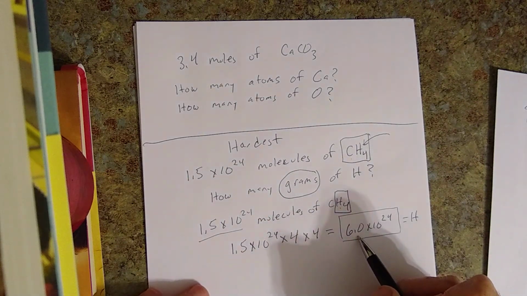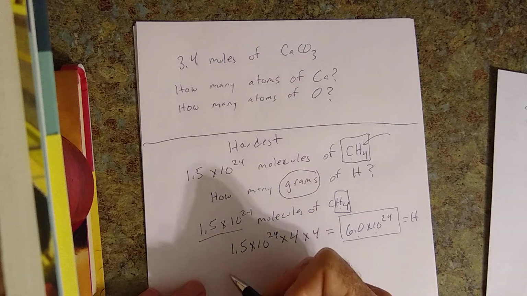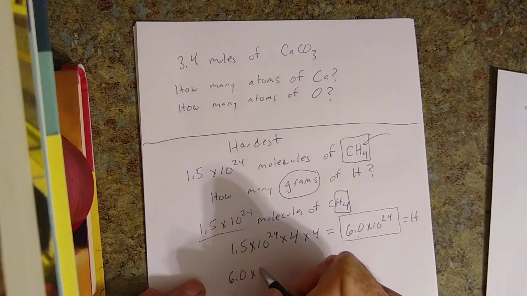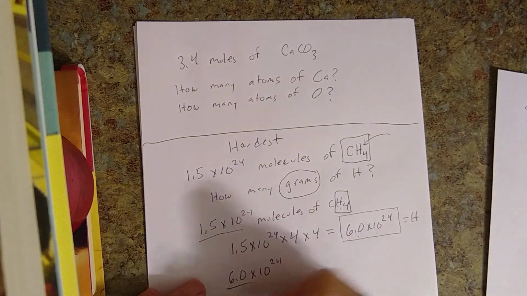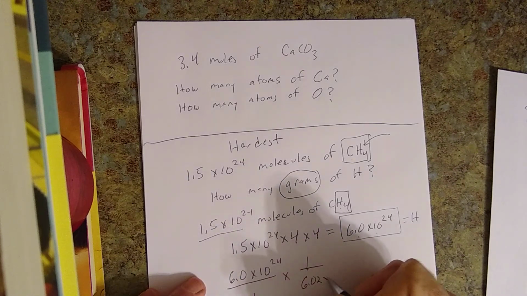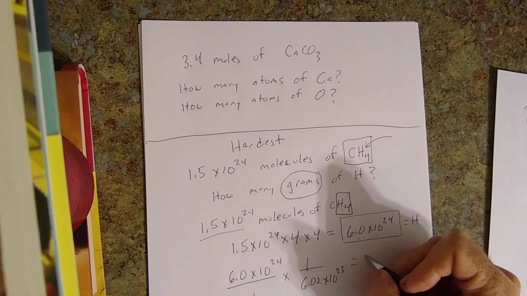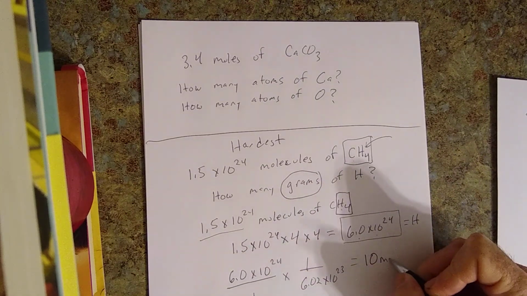You could say, well, we have this many atoms of hydrogen. How many moles is that? So if we wanted to figure out 6.0 times 10 to the 24th times 1 over 6.02 times 10 to the 23rd gives you almost exactly 10. 10 moles.